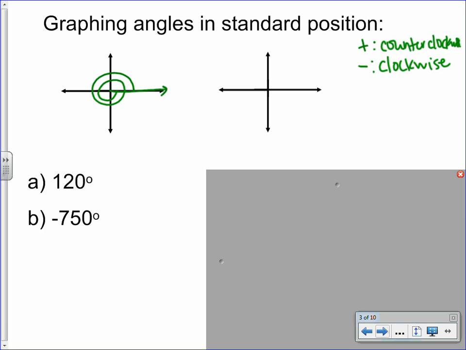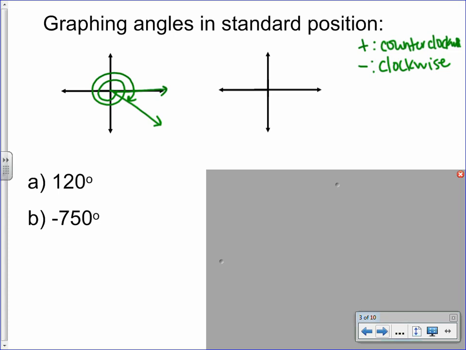Okay, so we've rotated negative 360, negative 720. So a negative 30 degrees, and there's our angle. We plotted angles last year in Algebra 2, right? Okay, excellent.